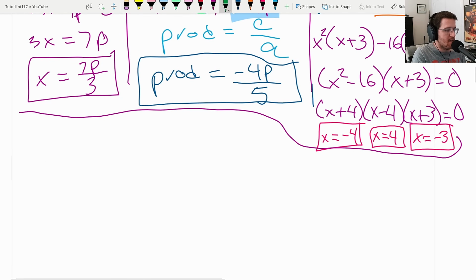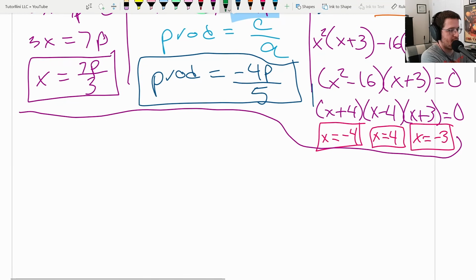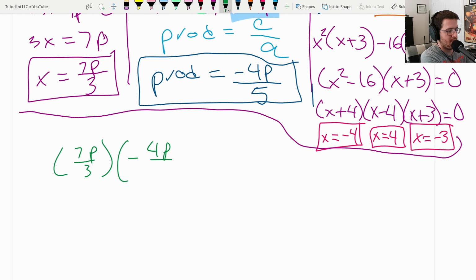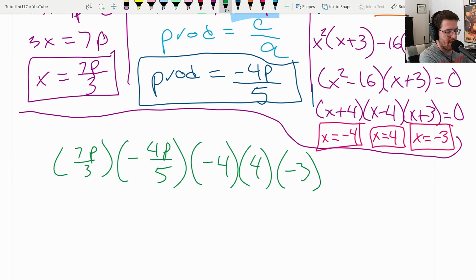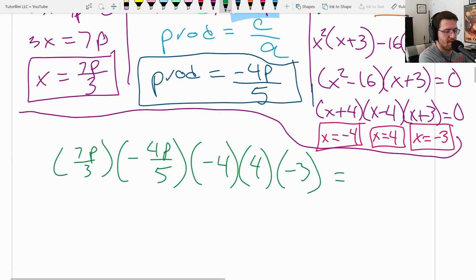So first thing is 7p over 3, negative 4p over 5, and then we've got negative 4 times negative 3. And this whole thing is equal to negative 560 over 9. That's what the question said.